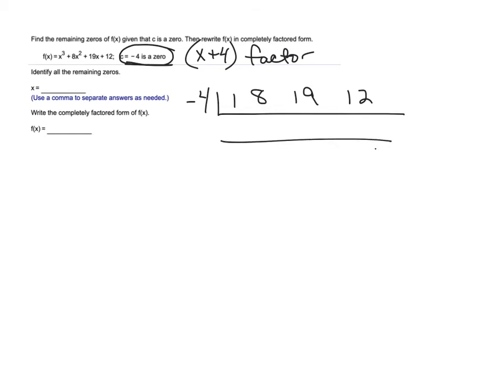Since it's a 0, we better get 0 for the remainder because it's supposed to divide evenly. So let's synthetically divide. We start with bringing 1 down. Remember, multiply and add. 8 plus negative 4 is 4. Multiply again. 4 times negative 4 is negative 16. We add and we get 3. And lastly, 3 times negative 4 is negative 12.